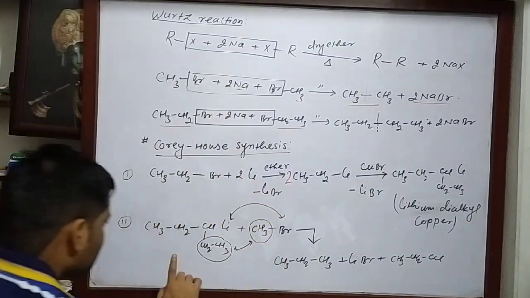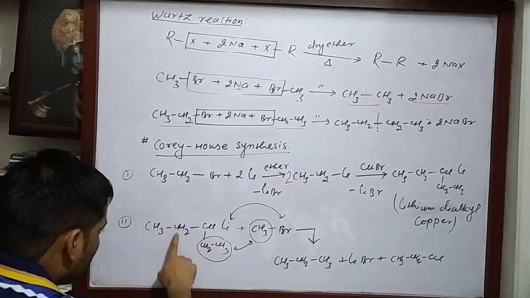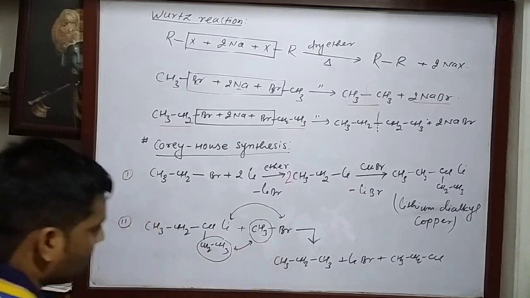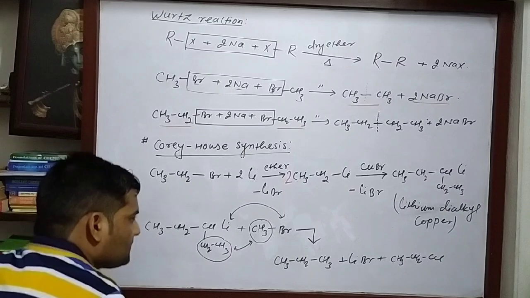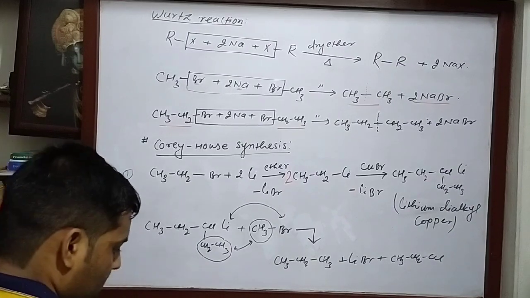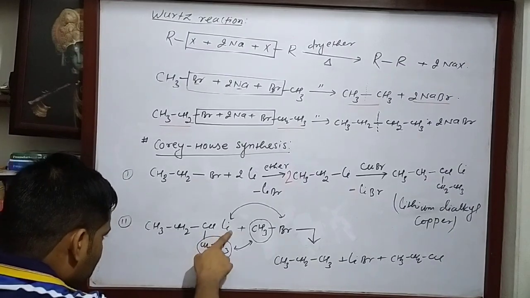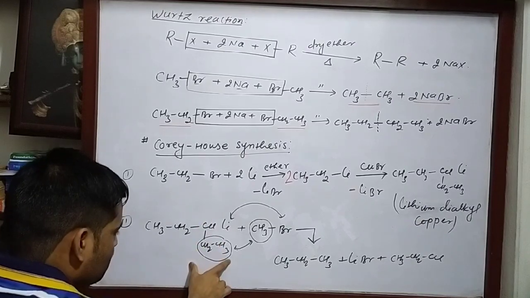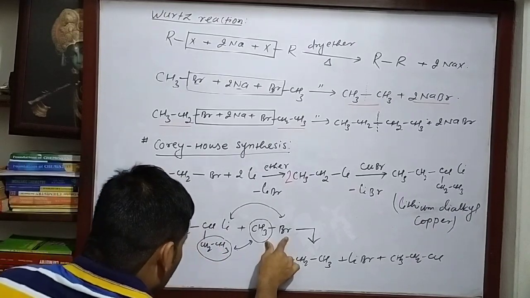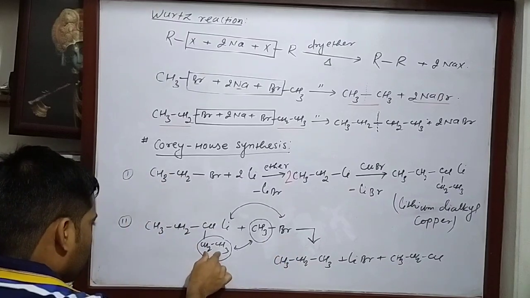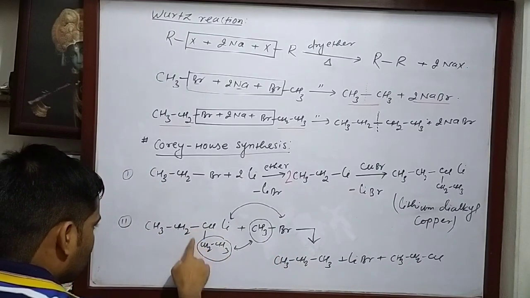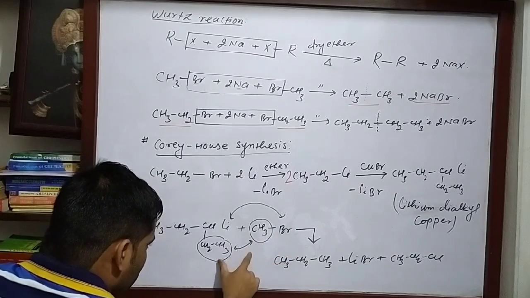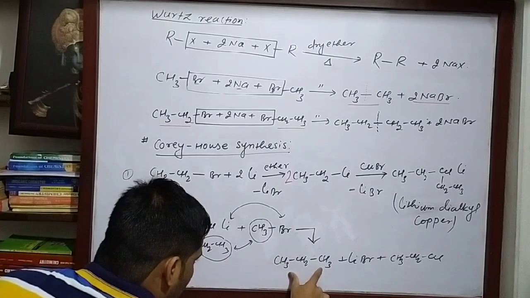And when we react this lithium dialkyl copper with haloalkane, what happens in this chemical reaction? Here this lithium dialkyl copper reacts with alkyl halide, and one alkyl group from this lithium dialkyl copper and one alkyl group from haloalkane combine to give alkane.